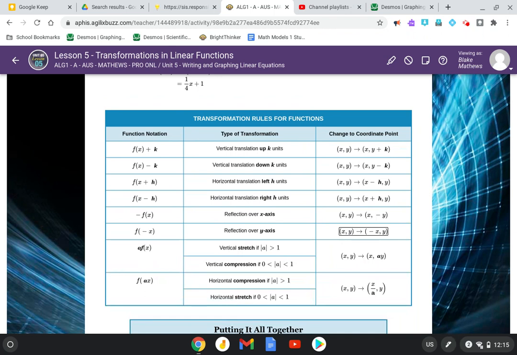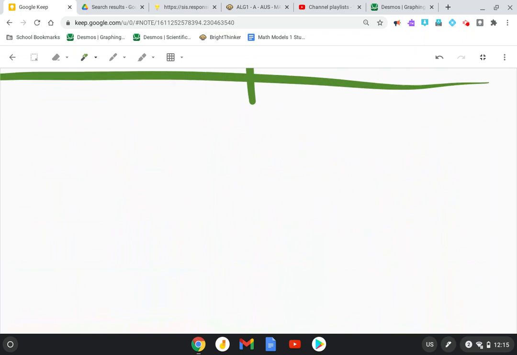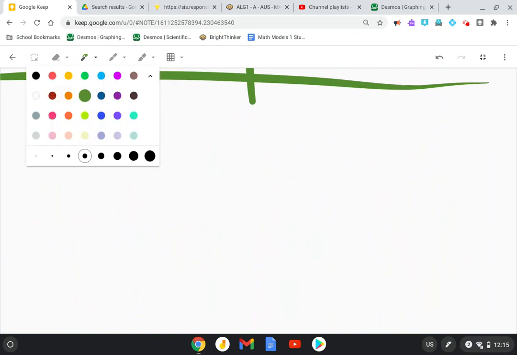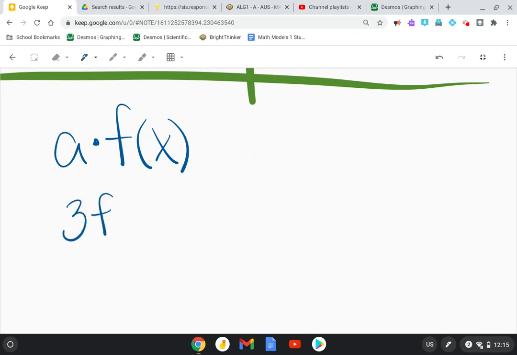So then the last type of change we can make is to multiply a number by either the function or by the x. That's going to be if I had some multiplier times f of x. So 3f of x would be an example of that, right?